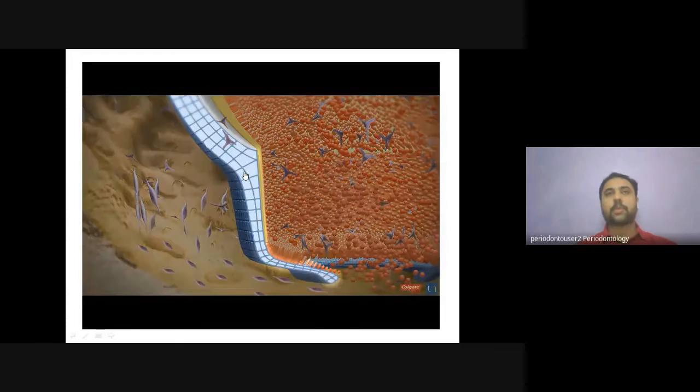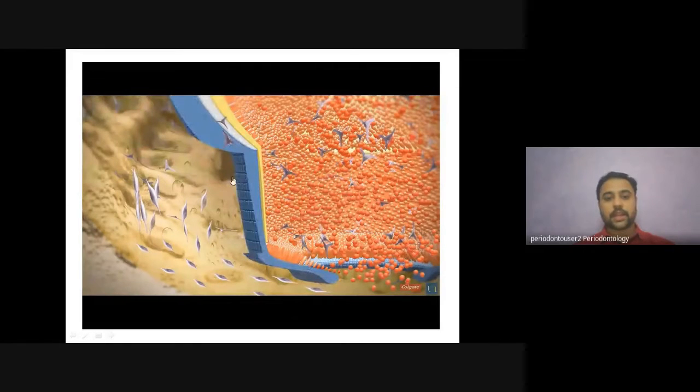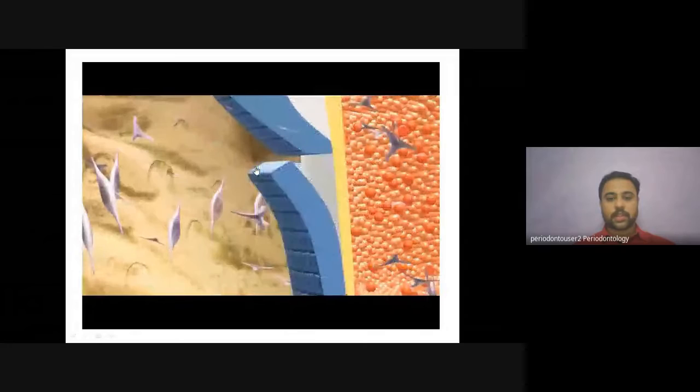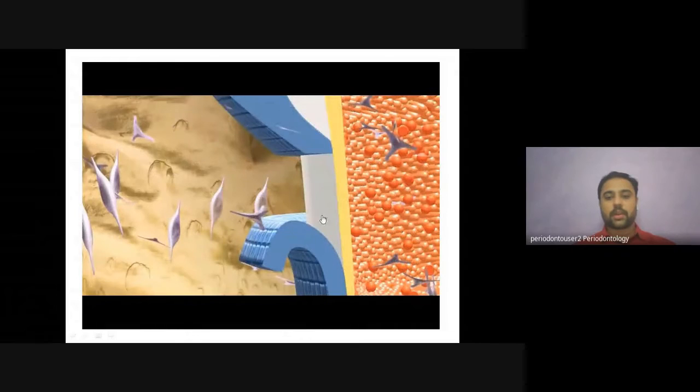The proteins will attract cell-to-cell interaction or cell-to-matrix interaction, so adhesion is very important. Once the proteins are released from your predentin or dentin, they are attracted by your fibroblast cells.